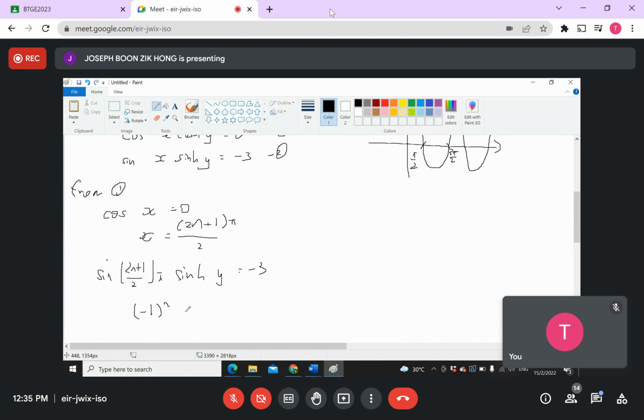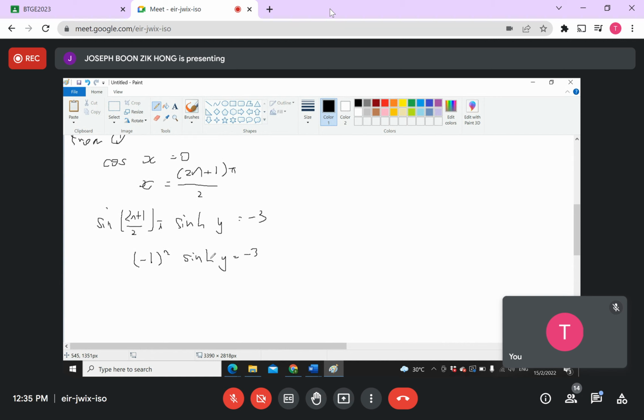Okay, so (-1) to the power of n, and then sinh y equal to -3. So again, if I move my (-1)^n to the other side, I will have 3 times (-1)^(n+1).